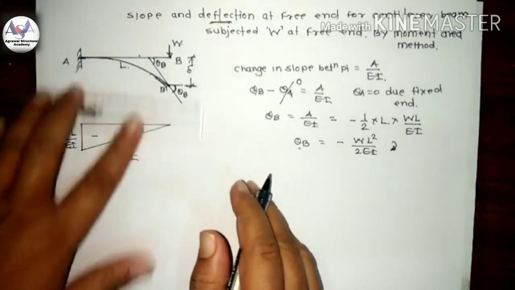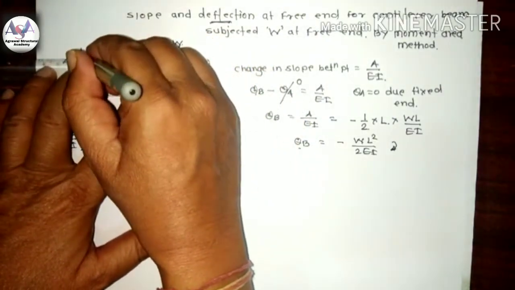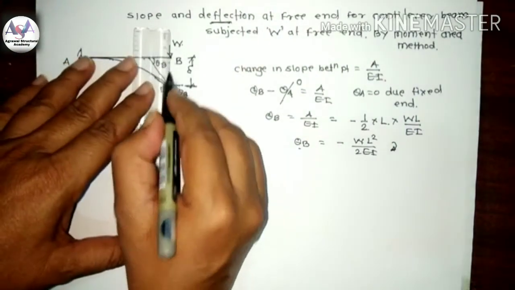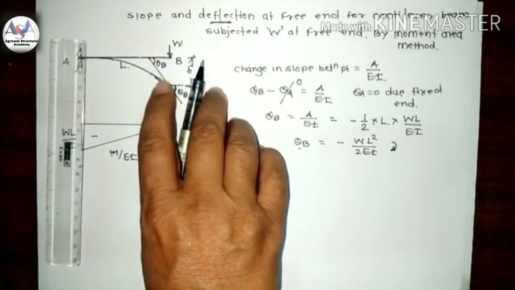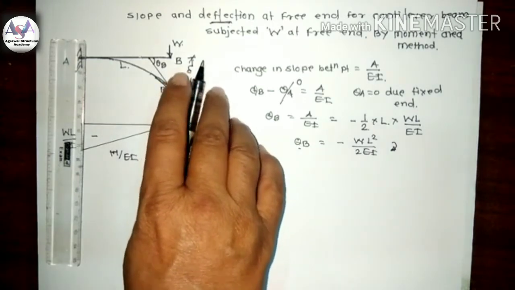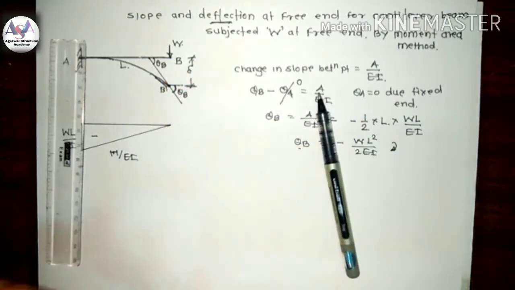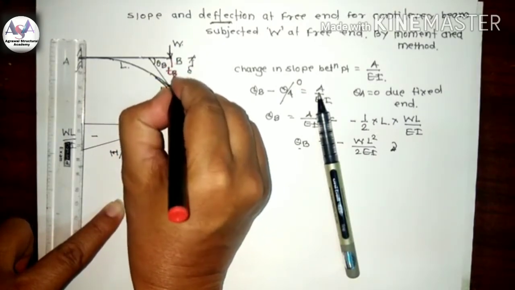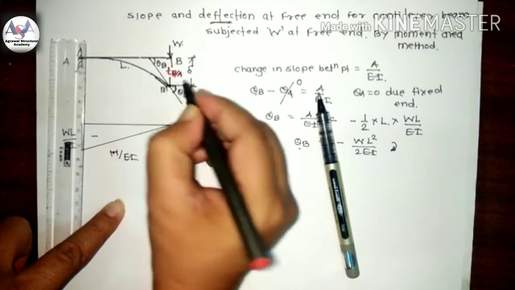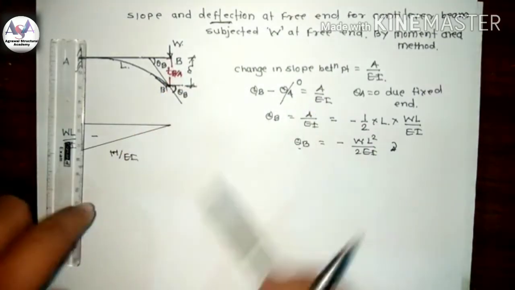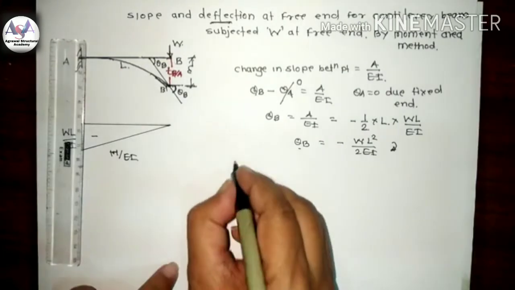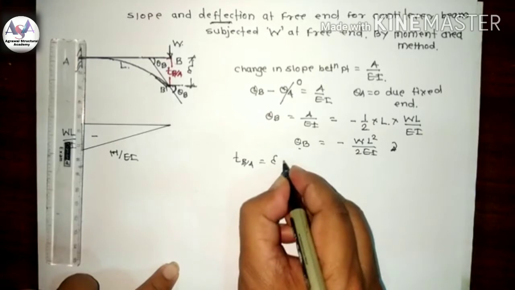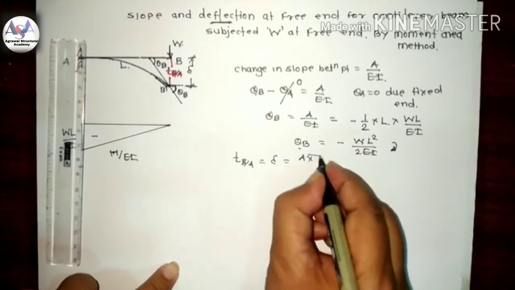Also, if you draw the tangent from A and a vertical line from this elastic curve, this height is also called TBA. So we can say that TBA is equal to delta, which is equal to A X bar upon EI.